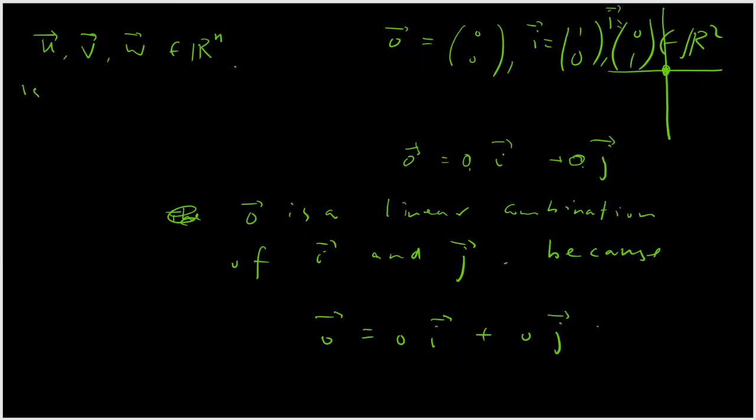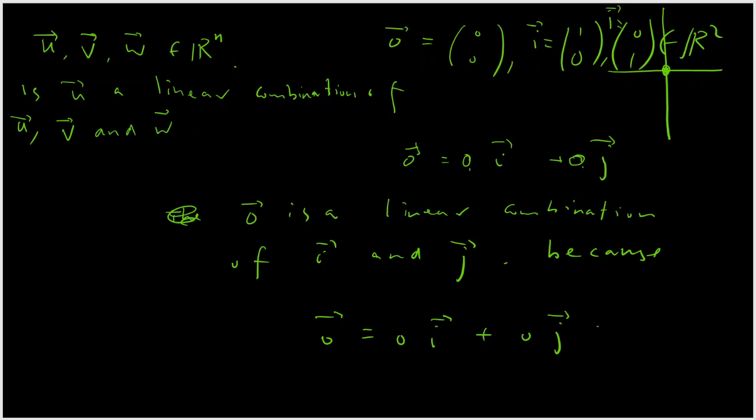I'm going to write the question down. Is u a linear combination of u, v, and w?